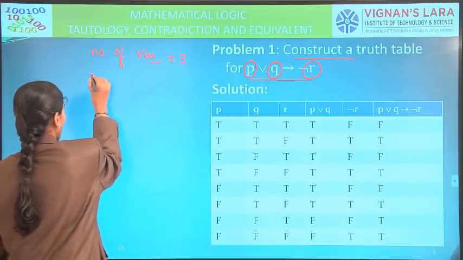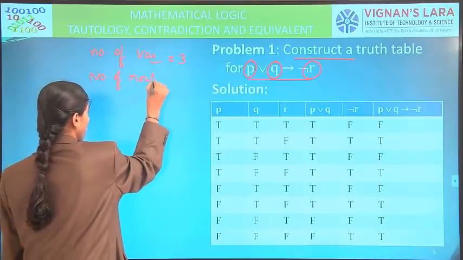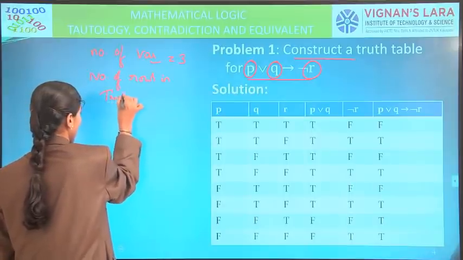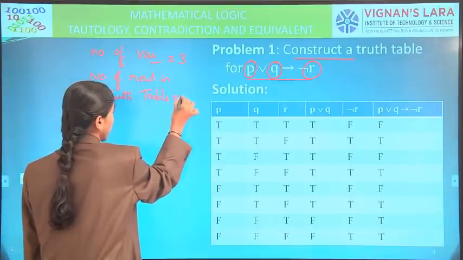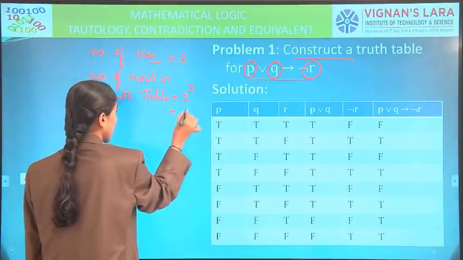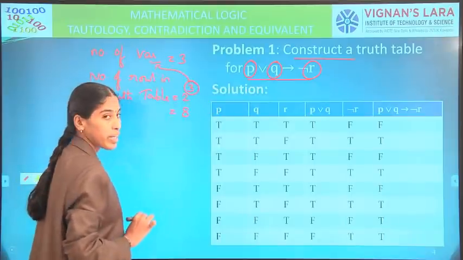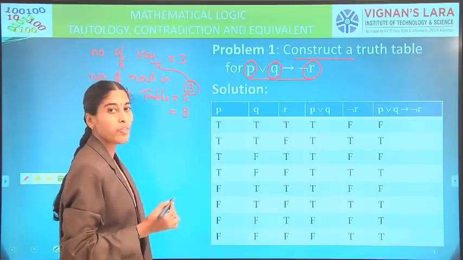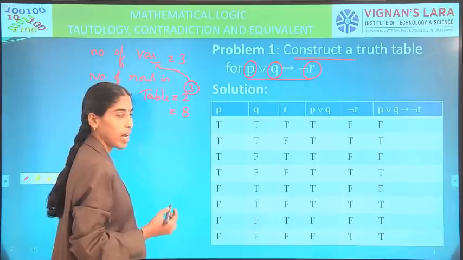So the number of rows in the truth table is equal to 2 cube, which is 8. This 3 is the number of variables in the given proposition. Because 3 variables are there, we get 2 cube, 8 truth values, 8 possible values.